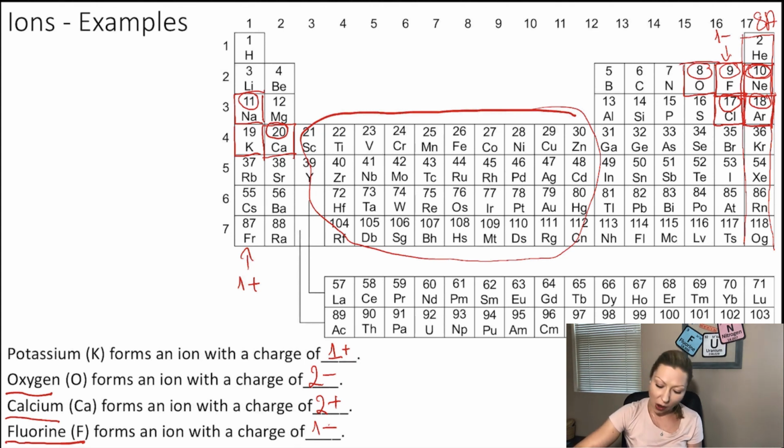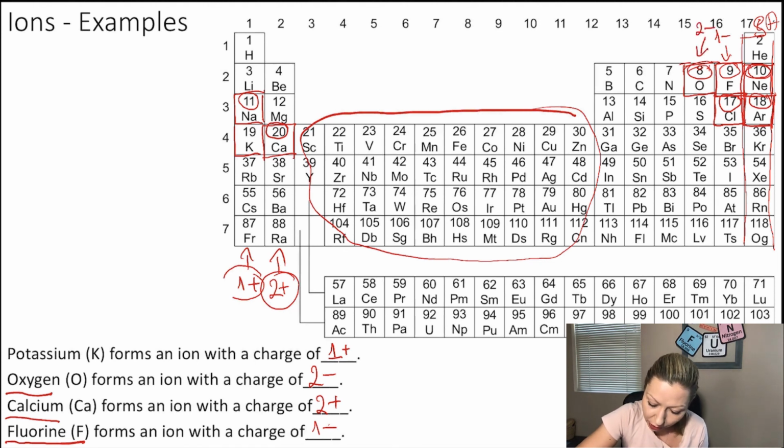Okay, so I said that alkali metals are going to have a charge of 1 plus. Alkali earth metals are going to be 2 plus. Okay, so remember that. Also, oxygen is always going to be 2 minus, and now we can see that a trend emerges.